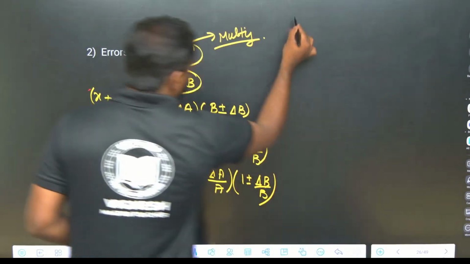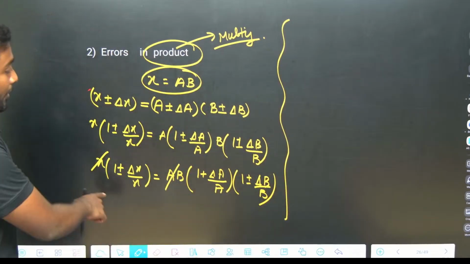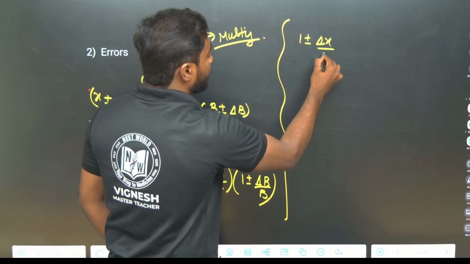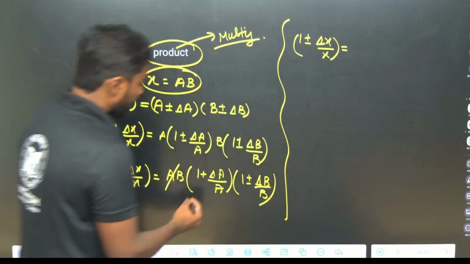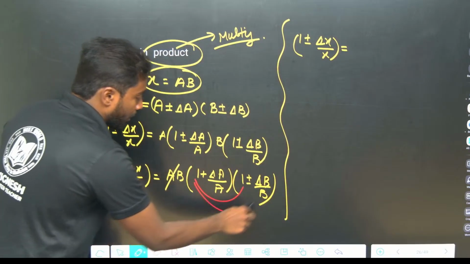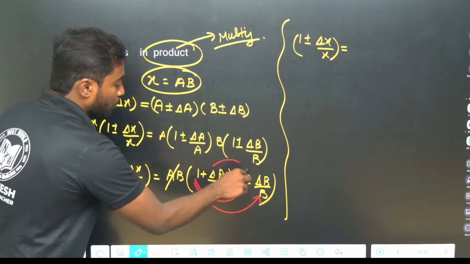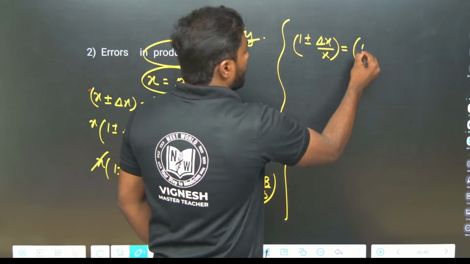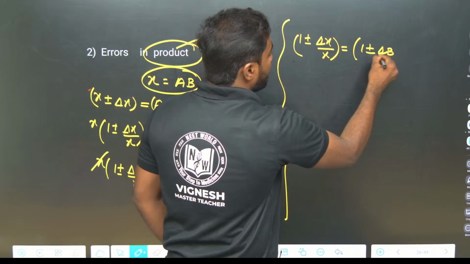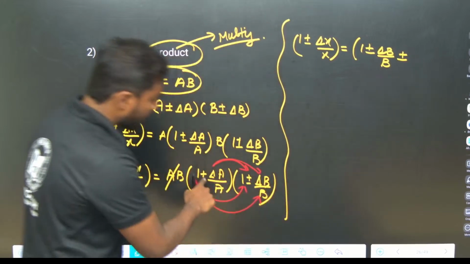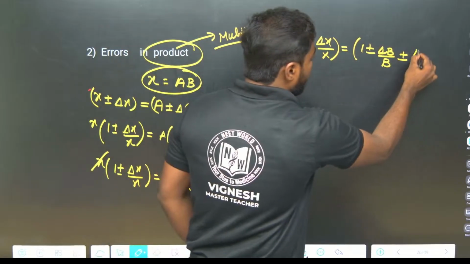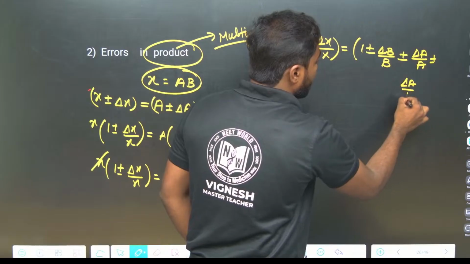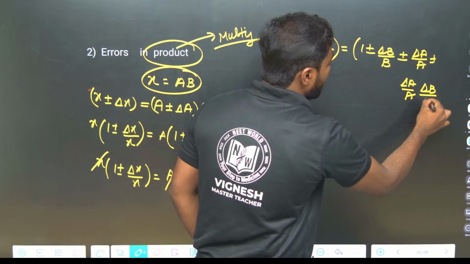So on the left hand side, 1 plus or minus delta x by x should be equal to 1 into 1 and 1 into this one, and this one I can expand. So 1 plus or minus delta b by b plus or minus delta a by a plus or minus delta a by a into delta b by b.